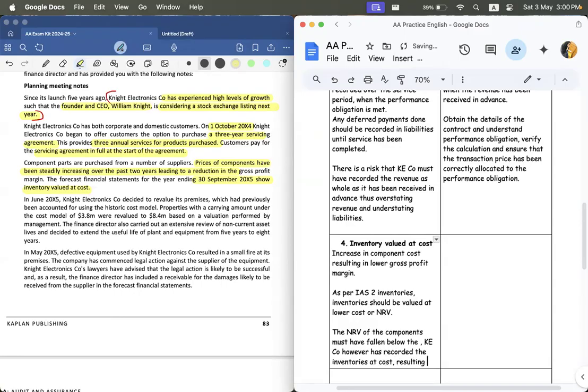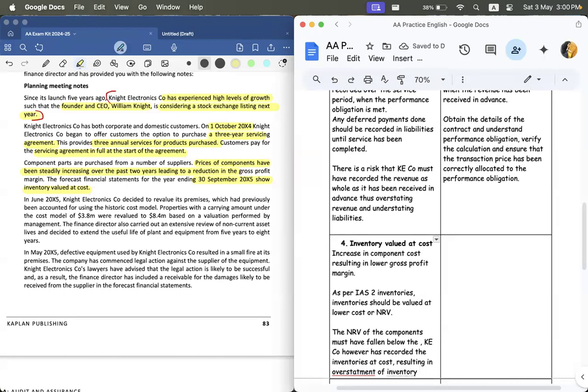What does it result in? Resulting in overstatement of inventory. Okay, clear?